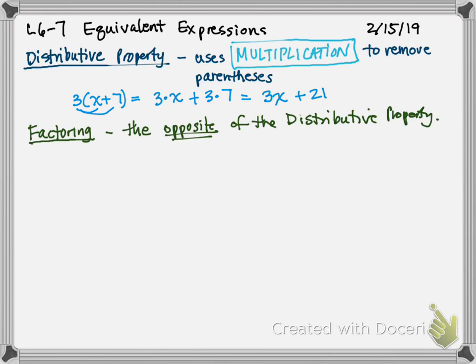If the distributive property uses multiplication to remove parentheses, factoring uses the opposite of multiplication, which is division, to put parentheses back into an expression.